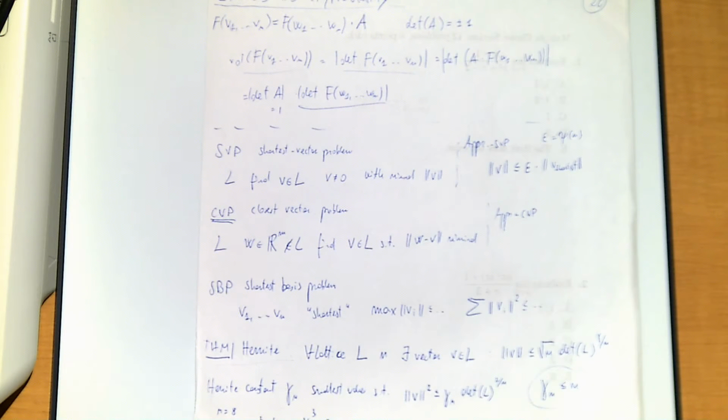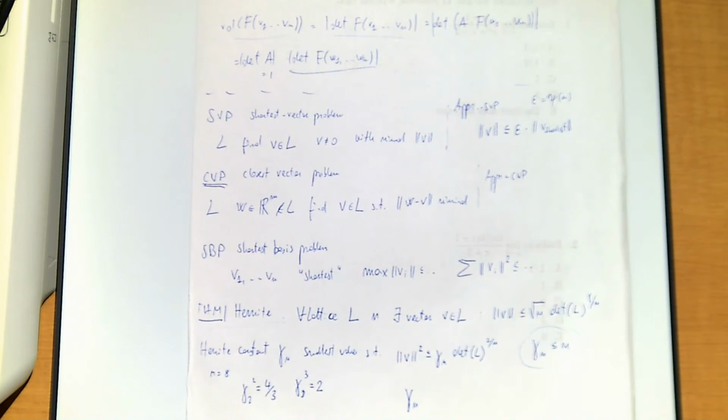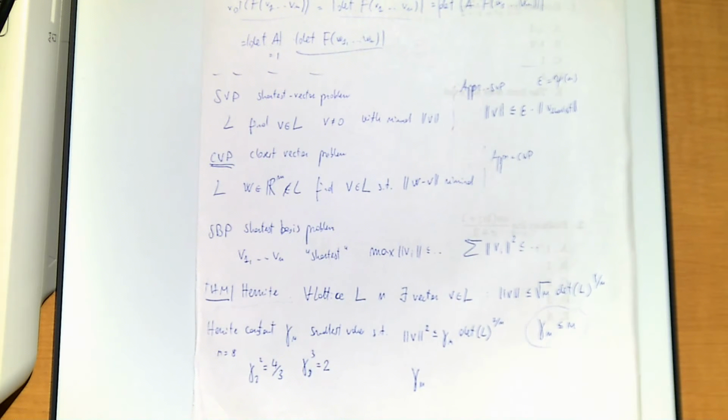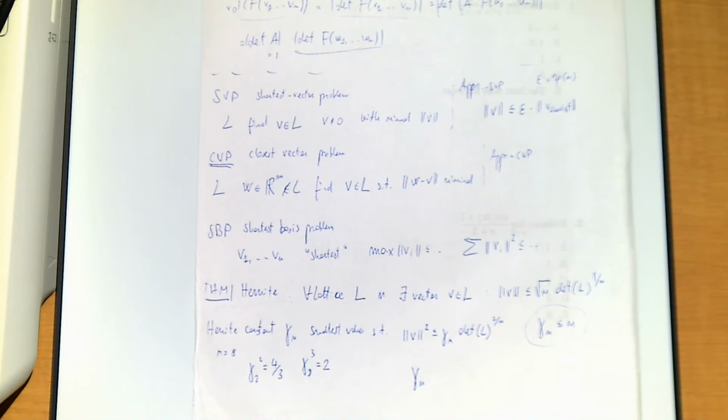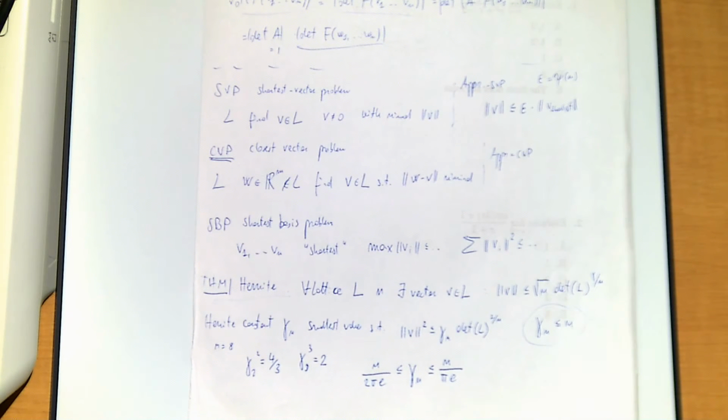In general, the lattices you're going to use in cryptography are not going to be dimension 2 or 3. So in general, you want to bound gamma n, and there are estimates that tell you that it is between n over pi e and n over 2 pi e, when you know what pi and e are, of course.